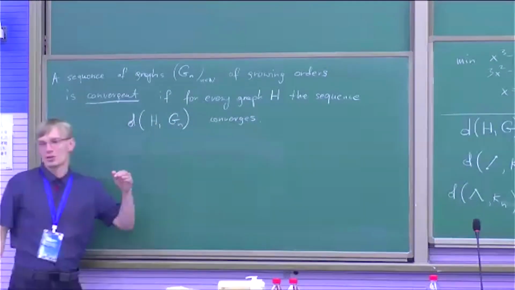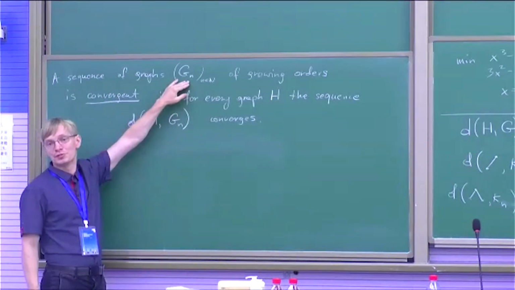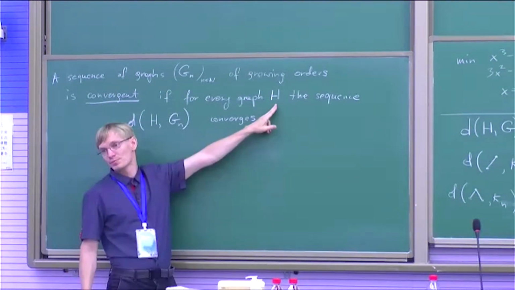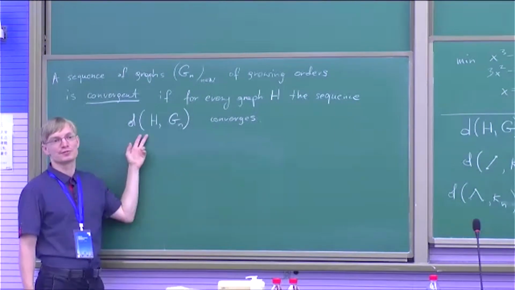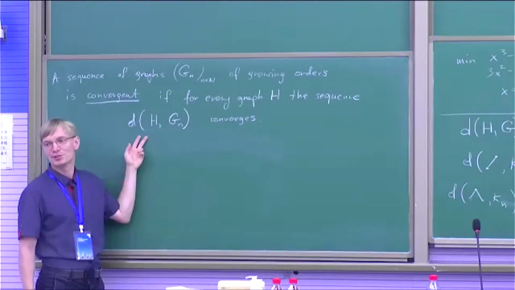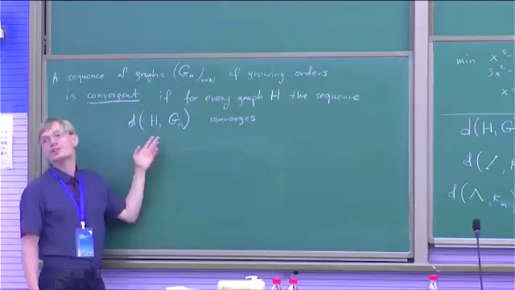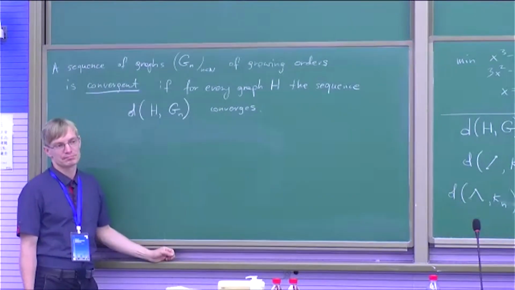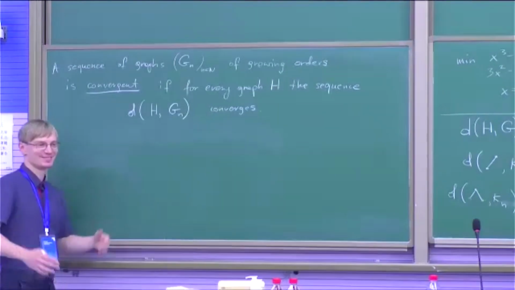Okay, so what does it mean? My sequence of graphs will be convergent if whatever graph H I choose and look at the sequence of the numbers, right? This is just a sequence of numbers in [0, 1]. This is just probability. And if this converges for every graph H, then I say that the sequence of graphs is convergent. Yep, clear? I need some reactions.